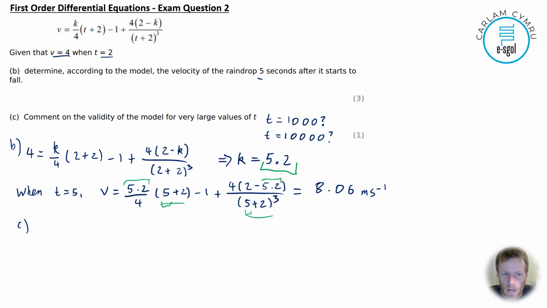Other things that might happen is the raindrop might hit a terminal velocity, whereas I think this model is constantly increasing the velocity, which is unrealistic. So I think it's to do with the raindrop hitting a terminal velocity or hitting the ground. So we would suggest that the model is not valid for large values of t.